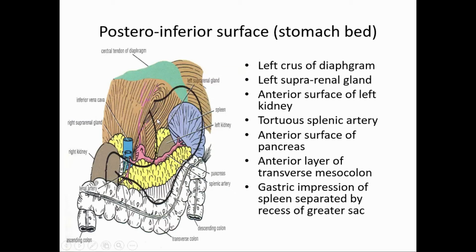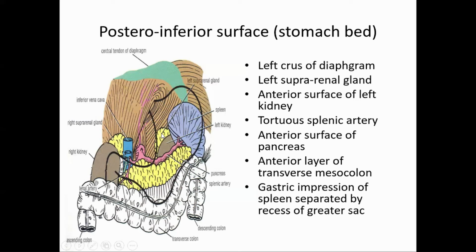So left crus of diaphragm, left suprarenal gland, anterior surface of the left kidney, tortuous splenic artery, anterior surface of the pancreas, anterior layer of the transverse mesocolon, and sometimes the spleen.